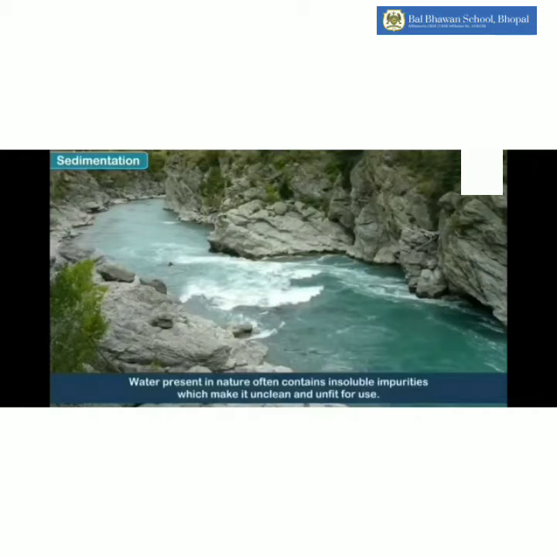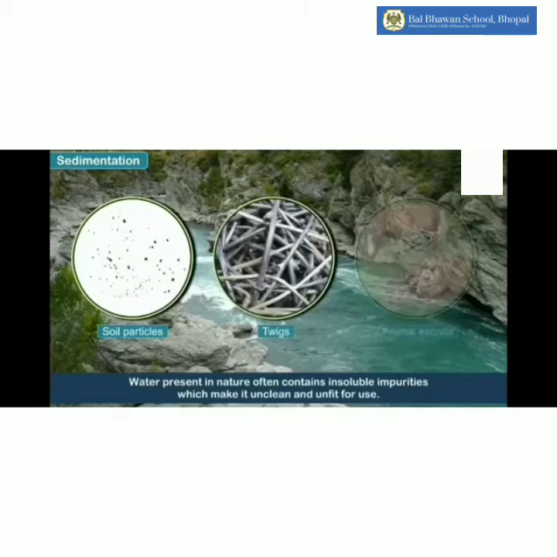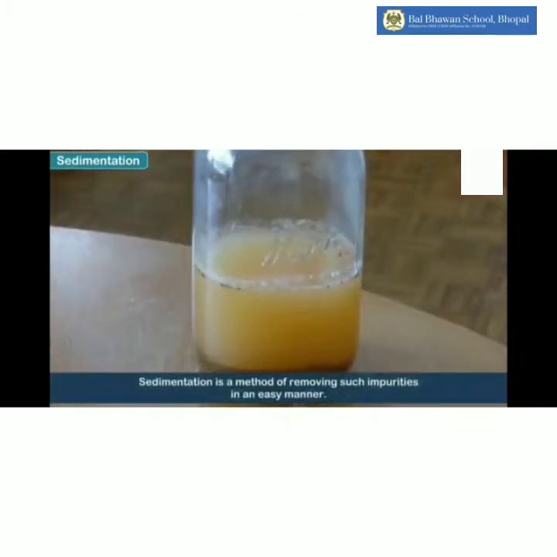Water present in nature often contains insoluble impurities which make it unclean and unfit for use. Soil particles, twigs, animal excreta, all are examples of insoluble impurities. Sedimentation is the method by which we remove these insoluble impurities very easily.